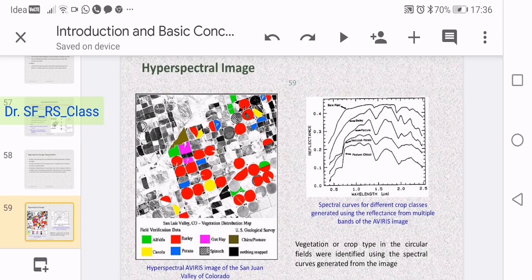Different locations have different colors, and each color is a different type of vegetation, mapped based on this curve matching technique. The curve is matched with the library curve, and the particular type of vegetation or agriculture is identified.